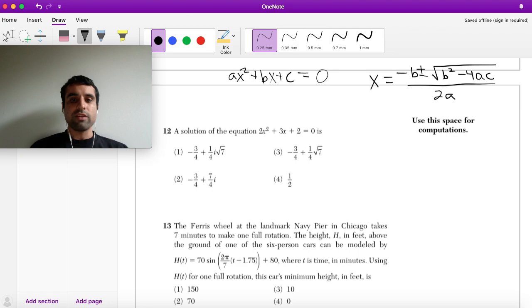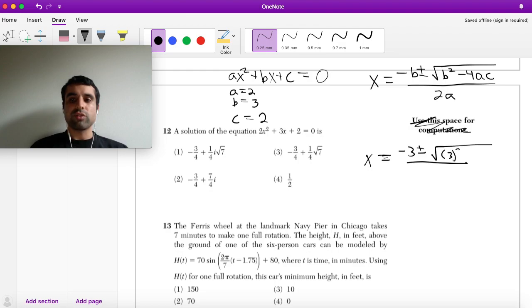So our a value, the leading coefficient of x squared, is just 2. Our b value, the leading coefficient of x, is 3. The c, the constant term, is 2. That's also our y-intercept. So if I substitute those values into the formula, negative b becomes negative 3 plus and minus the square root, b is 3.